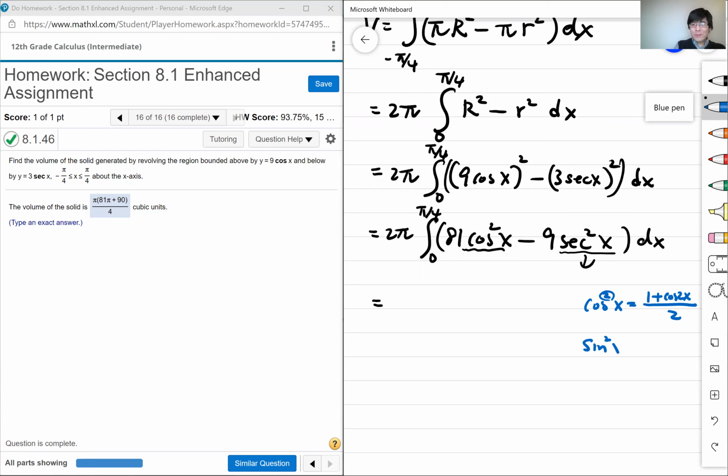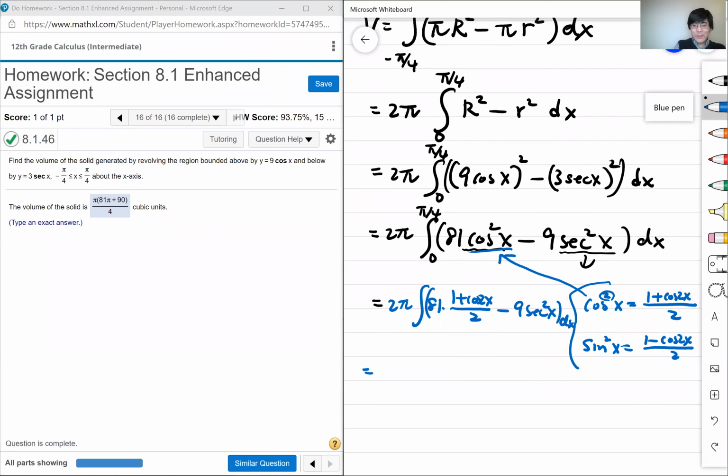When you have to integrate sine square of x, change it to this. Both of them involve a double angle of cosine. Okay, that's something we have to use to rewrite this expression to integrate. So it's going to be 1 over 2 times 1 plus cosine 2x. Okay, then you can integrate everything.